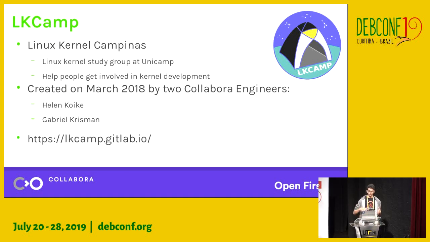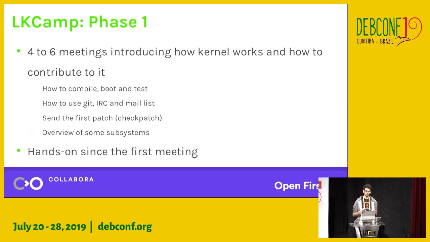While in Enigma we have a more organic structure to select topics to discuss, in LKCamp they have a more formal structure. They have 3 phases. In the initial one, they have 4 to 6 meetings to introduce how the kernel works and how to start contributing.